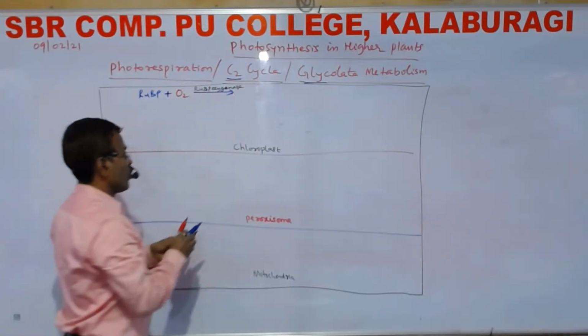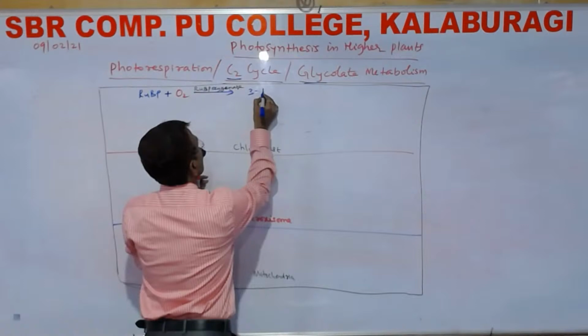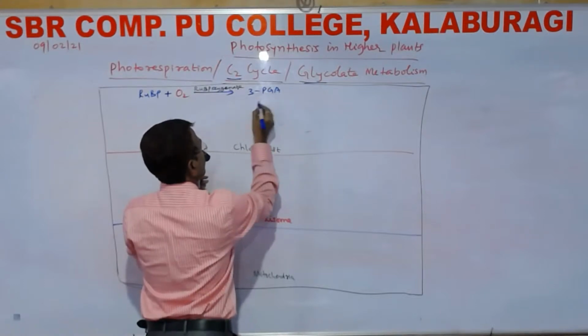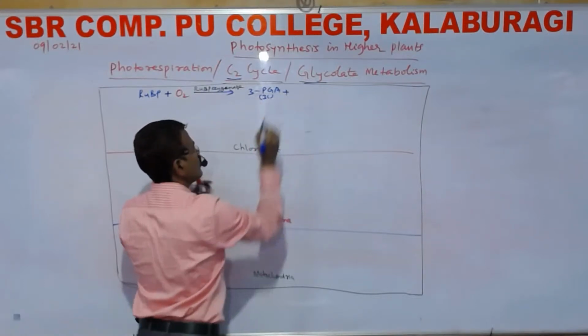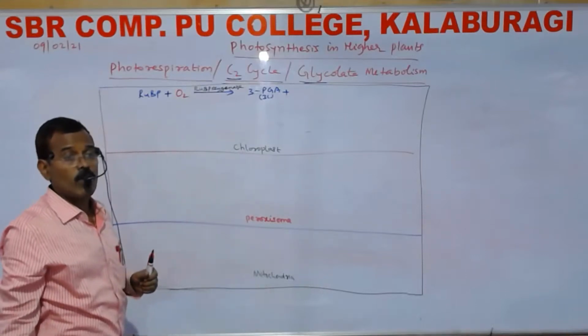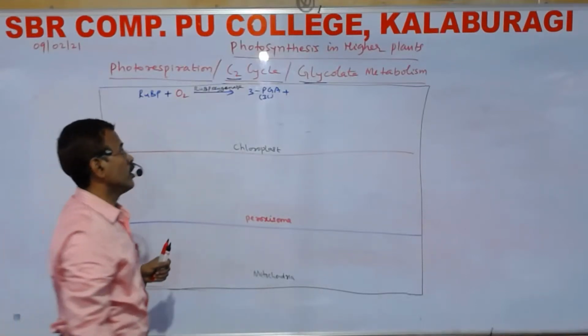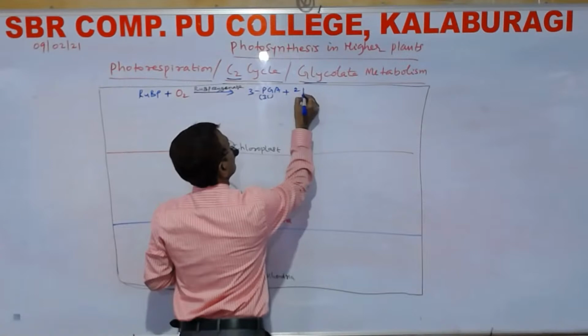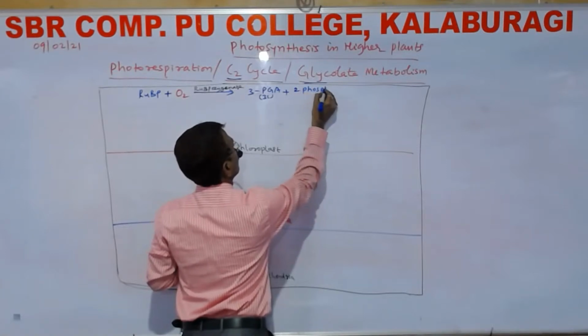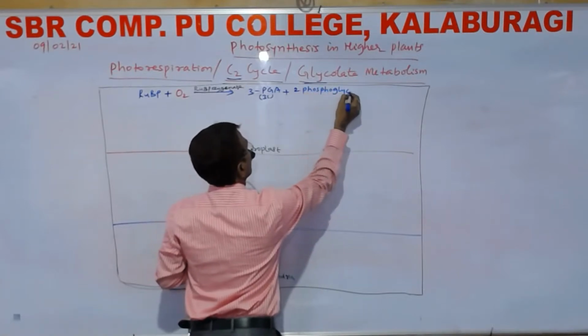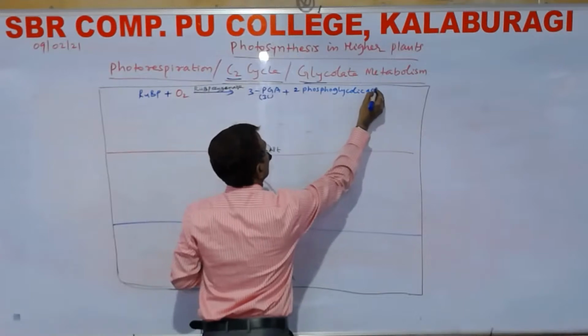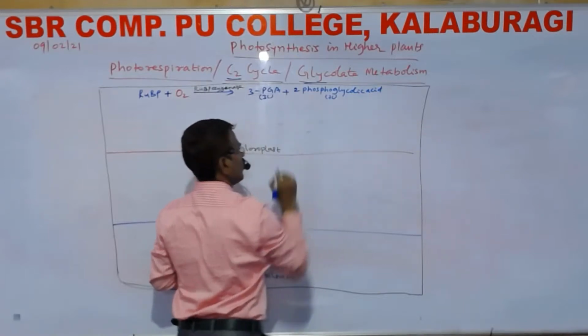As a result, we get 3-phosphoglyceric acid and 2-phosphoglycolic acid, a 2 carbon compound.